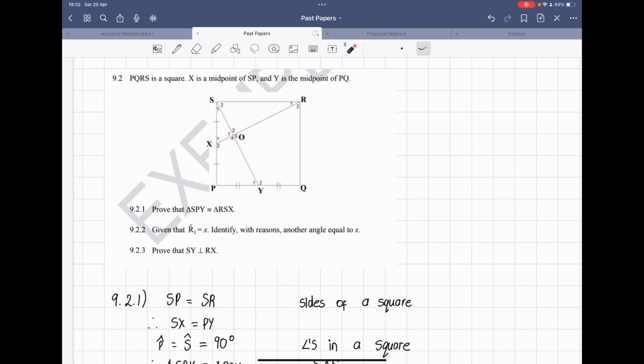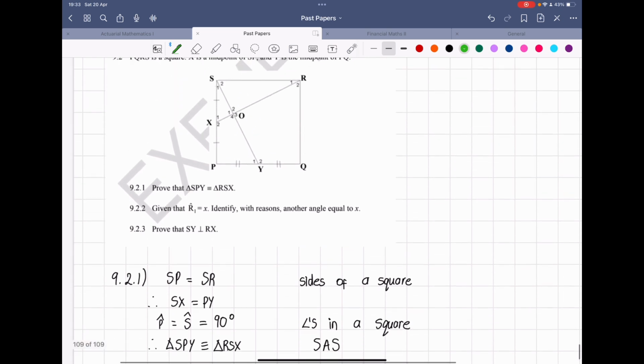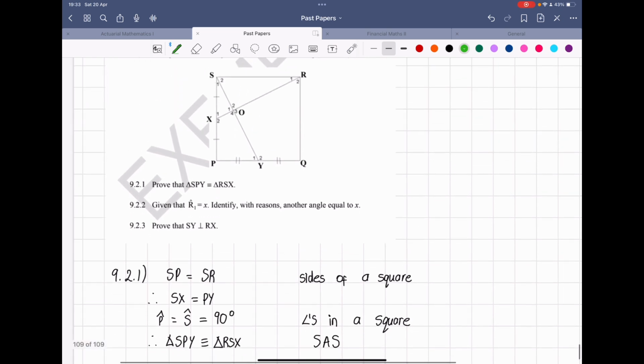Okay, so I'm going to start by saying I was told that these two are the same, this R1 and S1. So S1 is X and R1 is X. Okay, and I know that the angles in a square are 90 degrees. So this whole angle S must be 90 degrees, which means that this S2 is equal to 90 minus X.